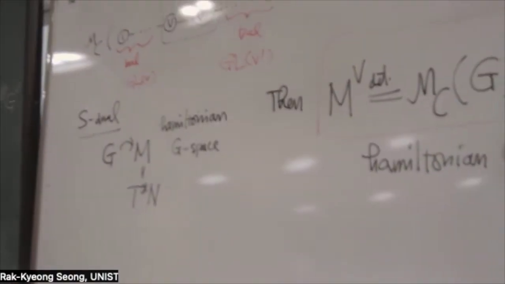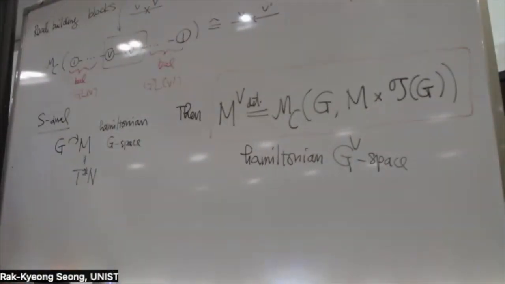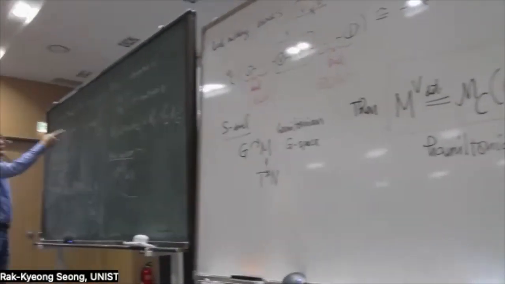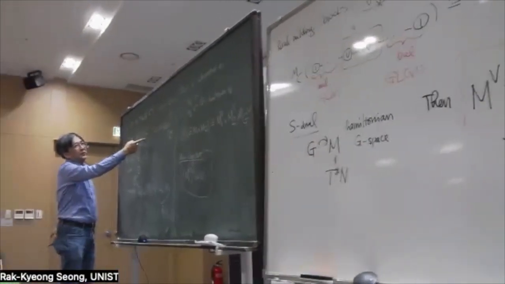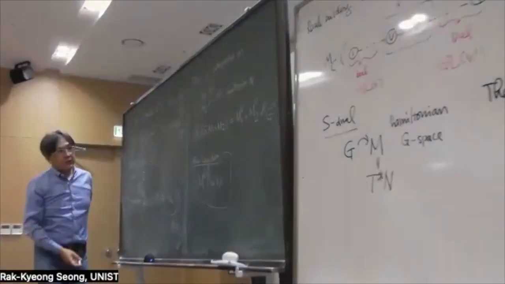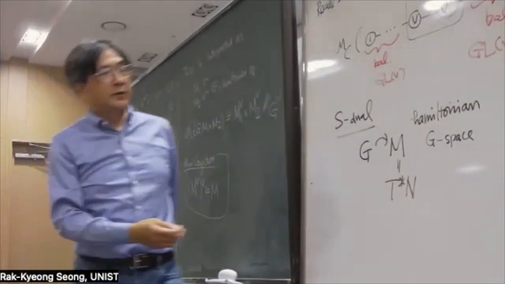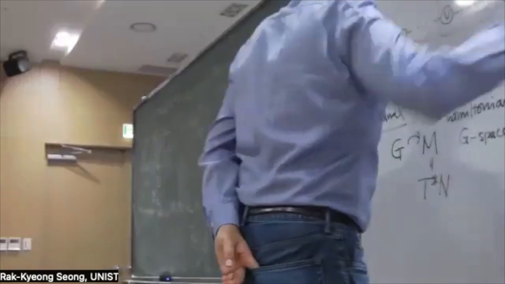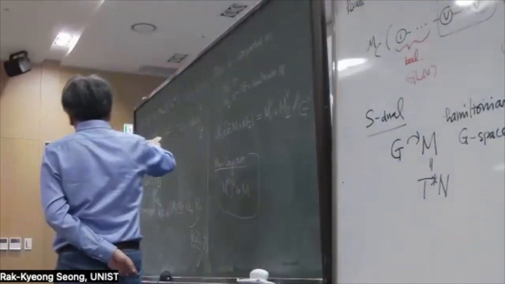Then you recover the original. So this is useful. And for example, from this example, this is not a vector space, so you must somehow generalize the definition of the Coulomb branch so that it can be applied to this case.